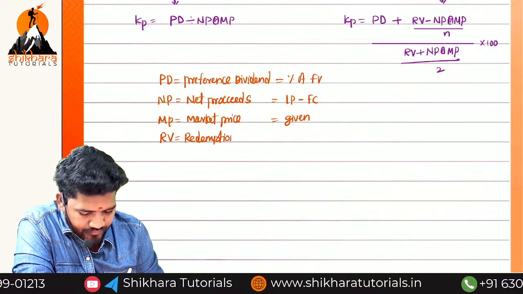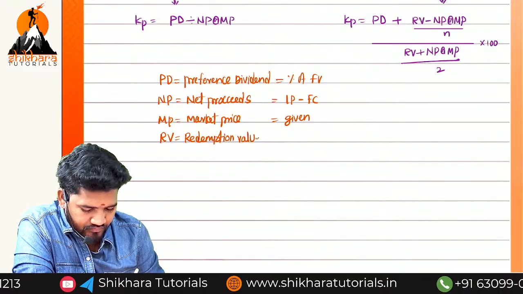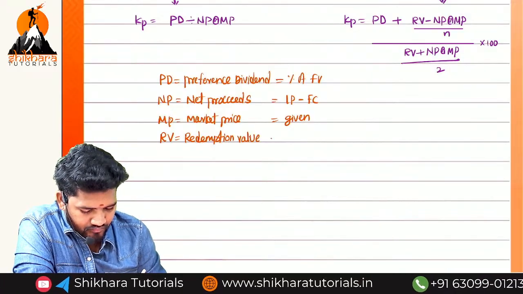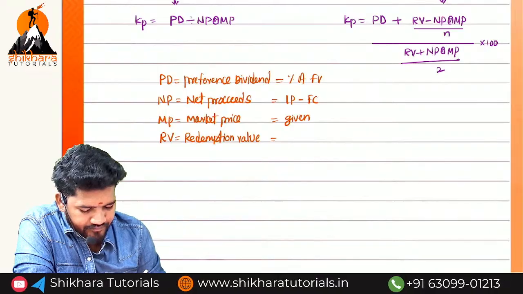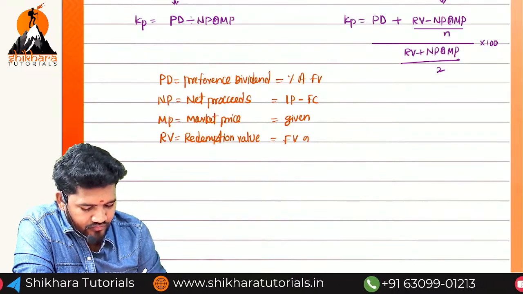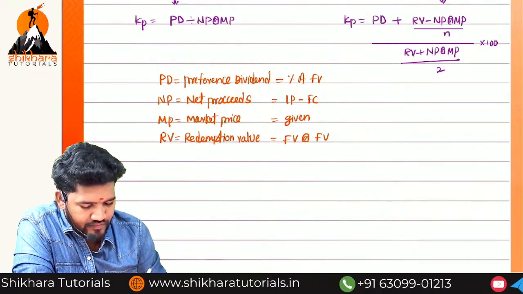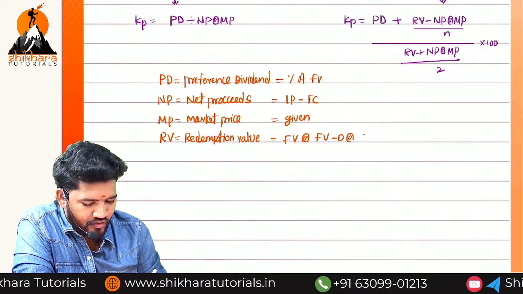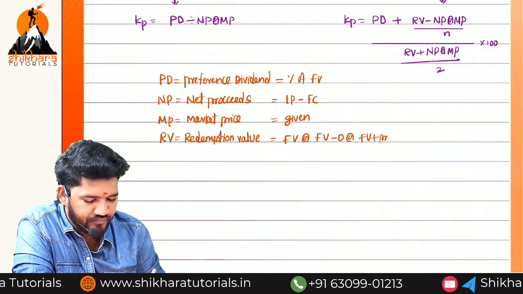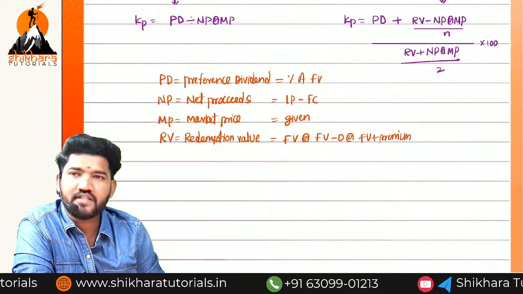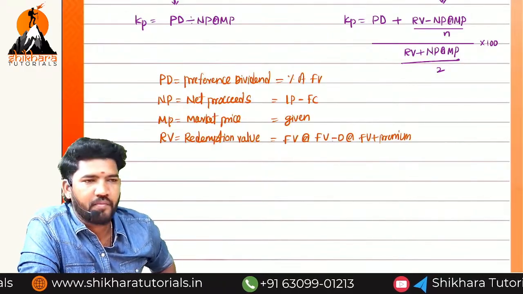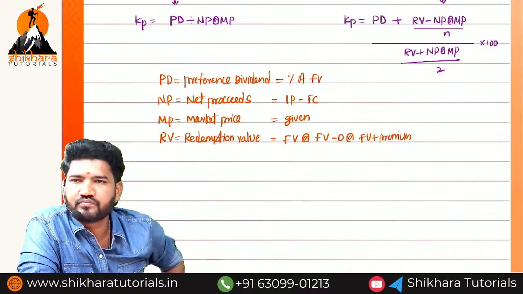Redemption value. How to calculate? Face value, or face value minus discount, or face value plus premium. There is no concept of flotation cost. Why? Because it is a repayment value.